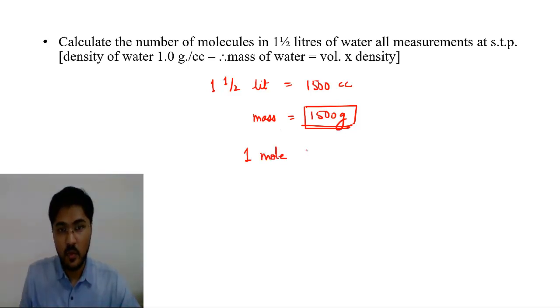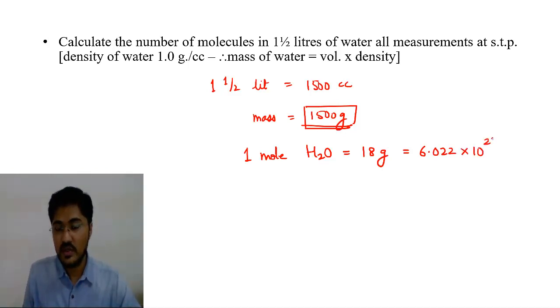1 mole of H2O is equal to 18 grams, which will be equal to 6.022 × 10^23 molecules. Now we are given 1500 grams and we have to find the number of molecules.